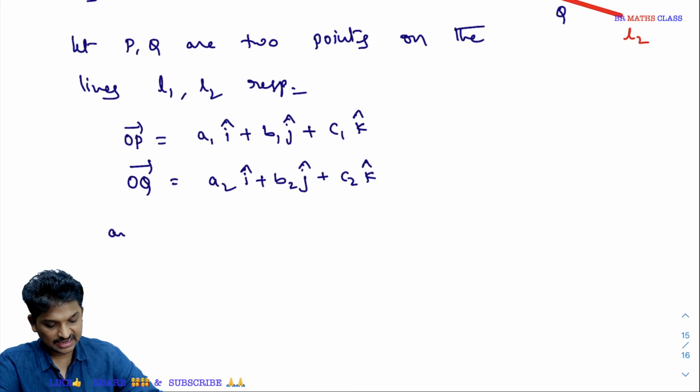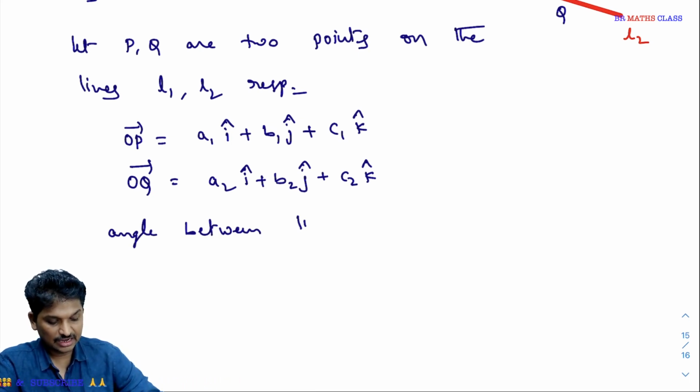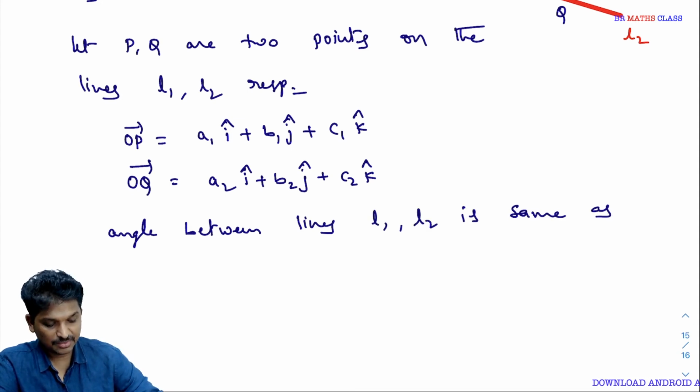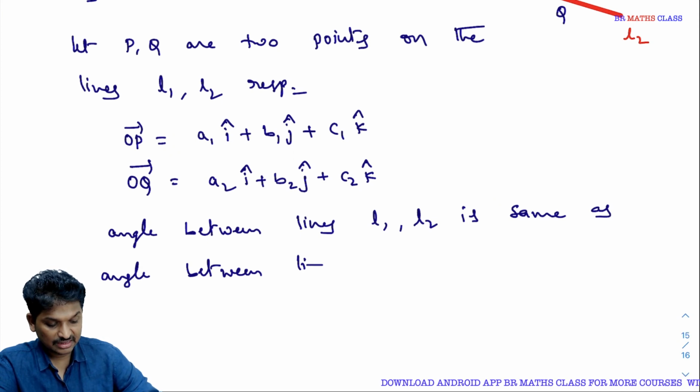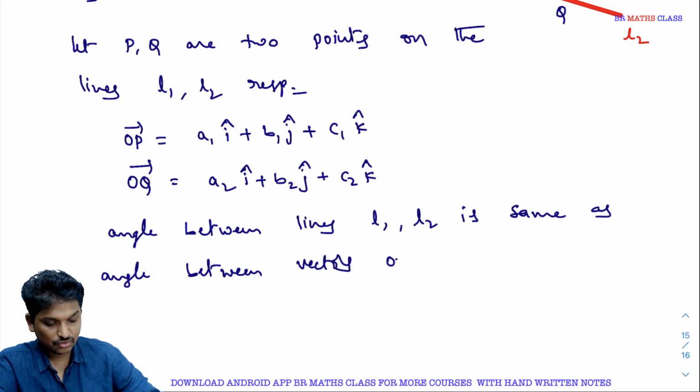I'll write the step. The angle between lines L1, L2 is the same as the angle between vectors OP bar, OQ bar.